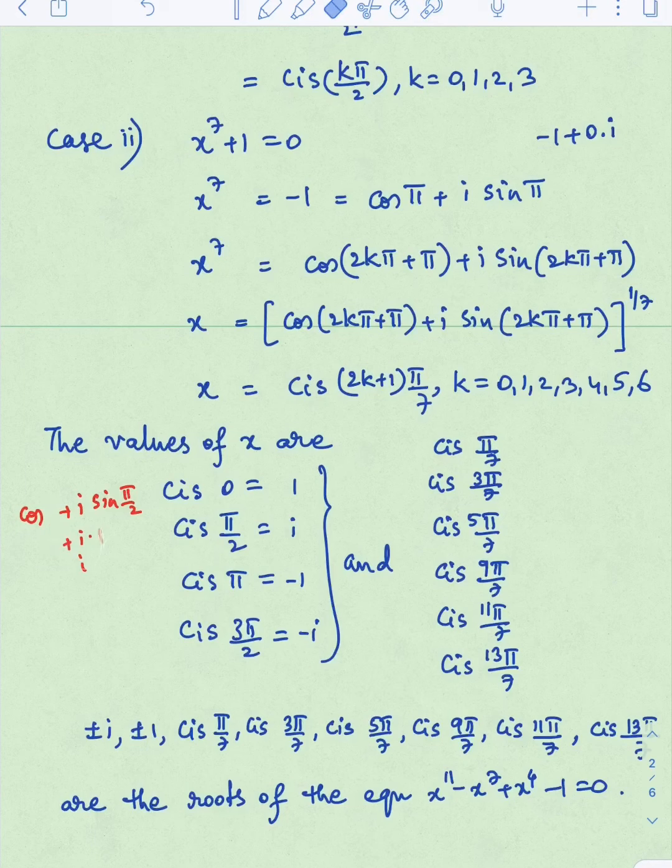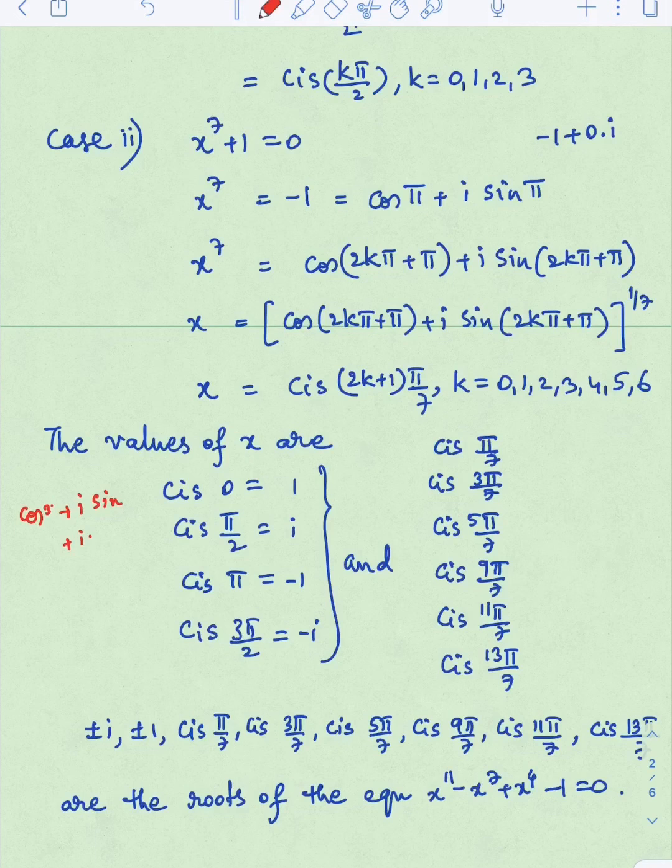Coming to the next one, I am going to put pi. That is cos pi plus i sin pi. Cos pi is minus 1, sin pi is 0. That is minus 1 plus 0, which is minus 1, taken here. Now 3 pi by 2 is kept here.